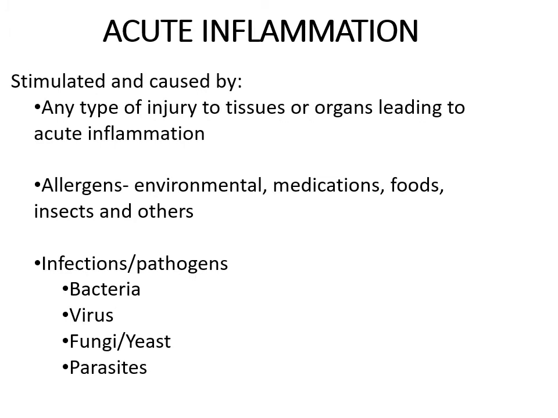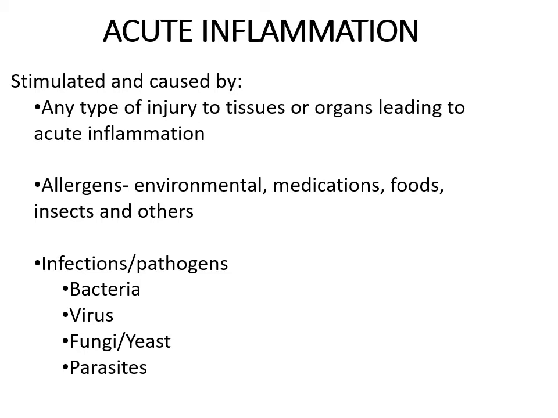Okay, so this slide, again, just what stimulates acute inflammation? Any type of tissue injury, say to the skin or to any particular organ. Say you have an infection in your kidney. That's called pyelonephritis, a bacterial infection of your kidney.